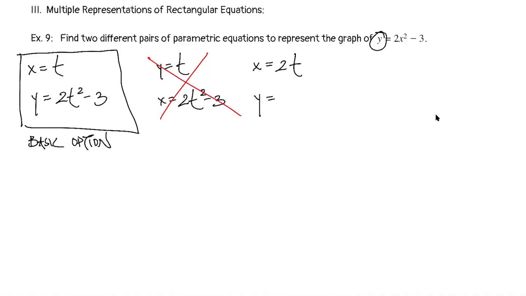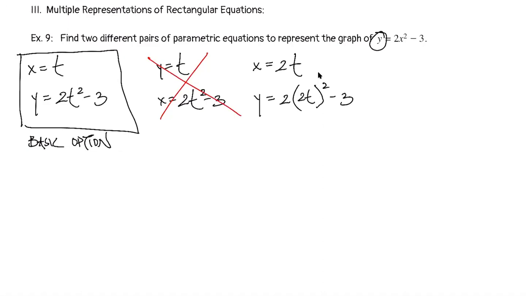What would that give us as the y? Y equals 8t squared minus 3. How did you get that? Back up a few steps for us. How did you get the 8? When you plug the 2t into where x is, you get 4t squared, that times 2.